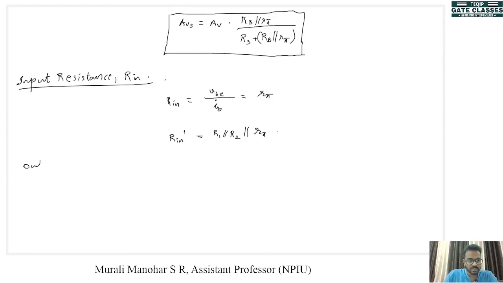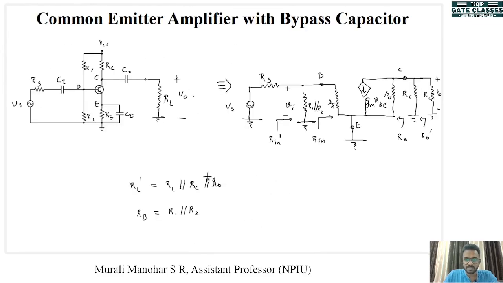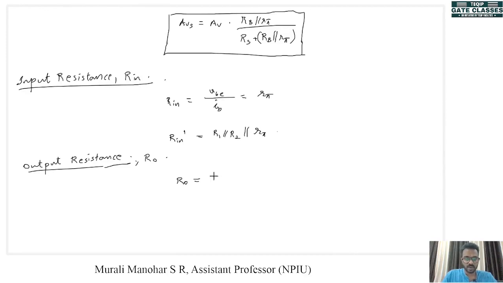Now for the output resistance, which is R out. R out is equal to, when you look here, this is R out. In R out, we can see only R0, that is small r out, right? So R out is equal to small r out.